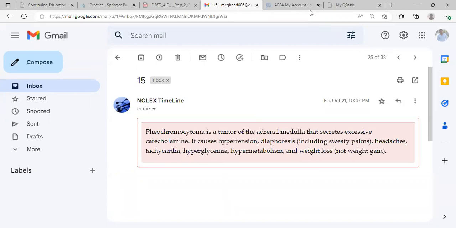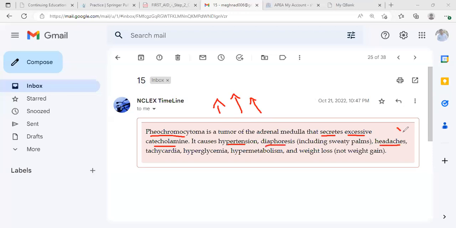So this is very important, the presentation of hyperglycemia in the presentation of pheochromocytoma. An easy way to remember: pheochromocytoma means excessive catecholamine, right? Catecholamine increases. Blood pressure increases, hypertension. Sweating increases, diaphoresis.